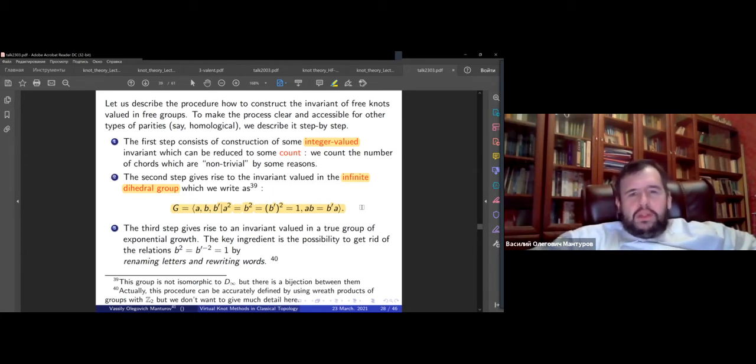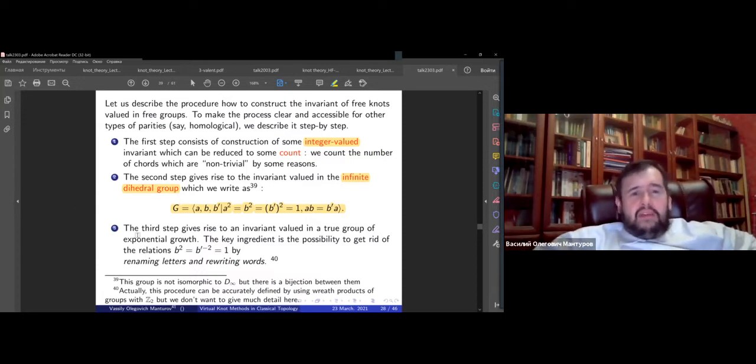But as you will see in a moment, looking at the Cayley graph of this group, it's nothing but Z2 star Z2. And Z2 star Z2 is almost the same as Z, in the sense that it has this infinite cyclic group as a finite index subgroup.